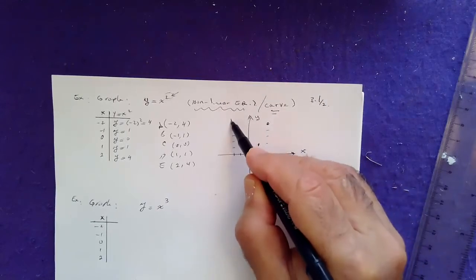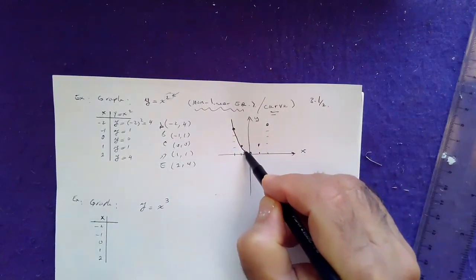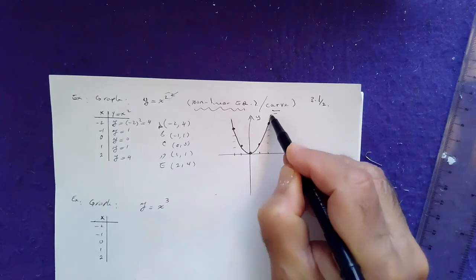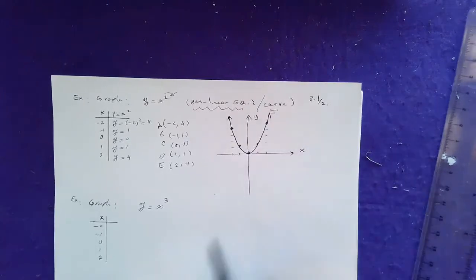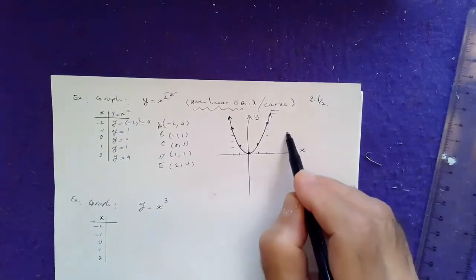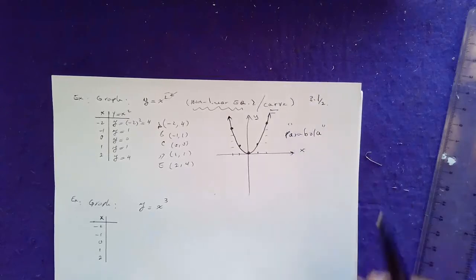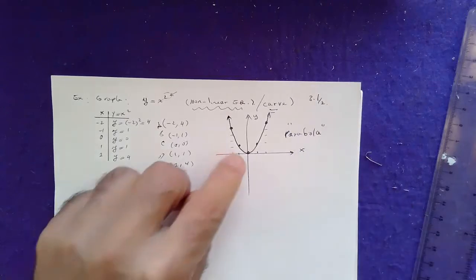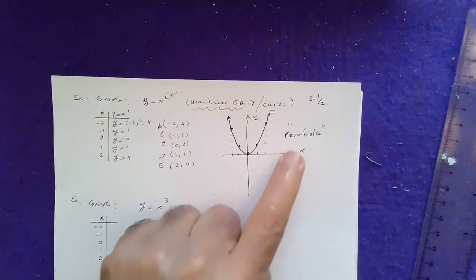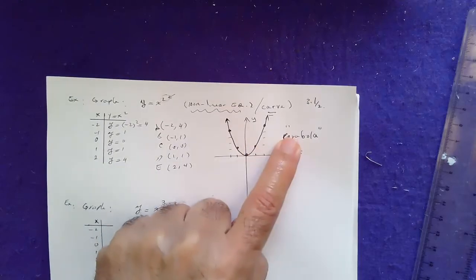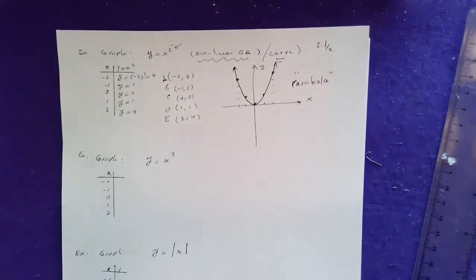If you connect the dots in a very nice, smooth way, like so, you can tell the graph is a U shape. This graph is so famous it has a name, it's called a parabola. It's a U shape which opens upwards. And the name of this kind of U shape is called what? Parabola.